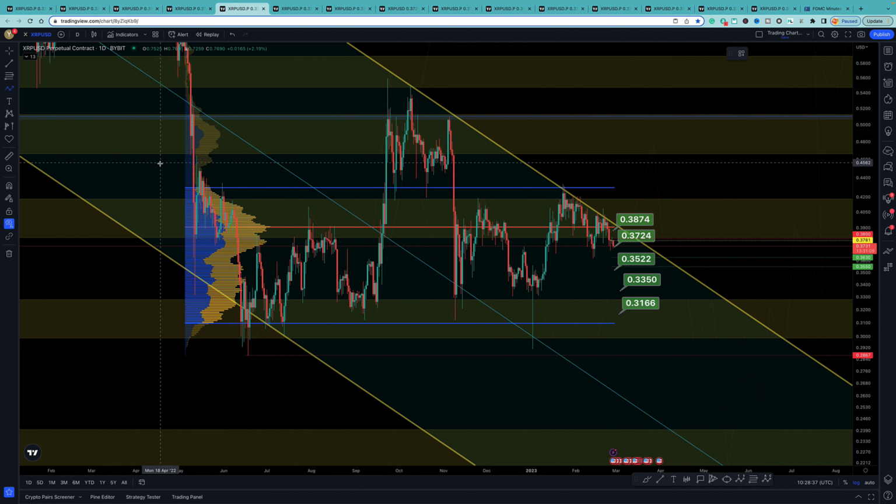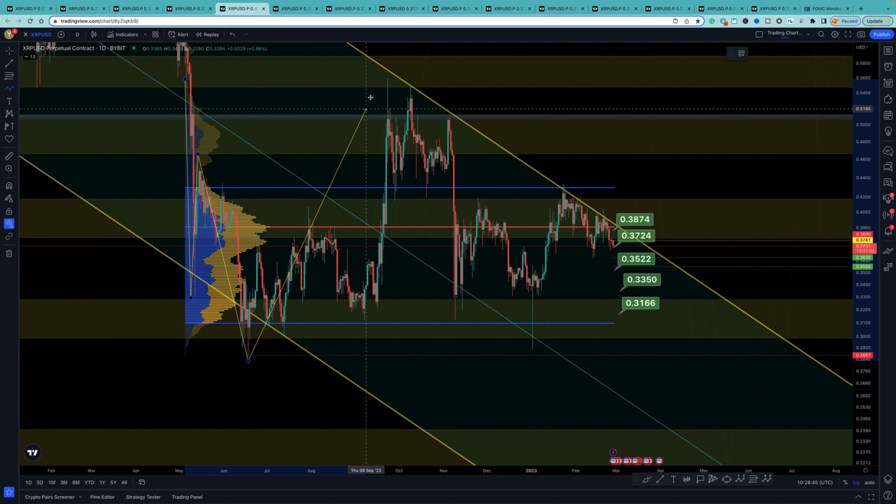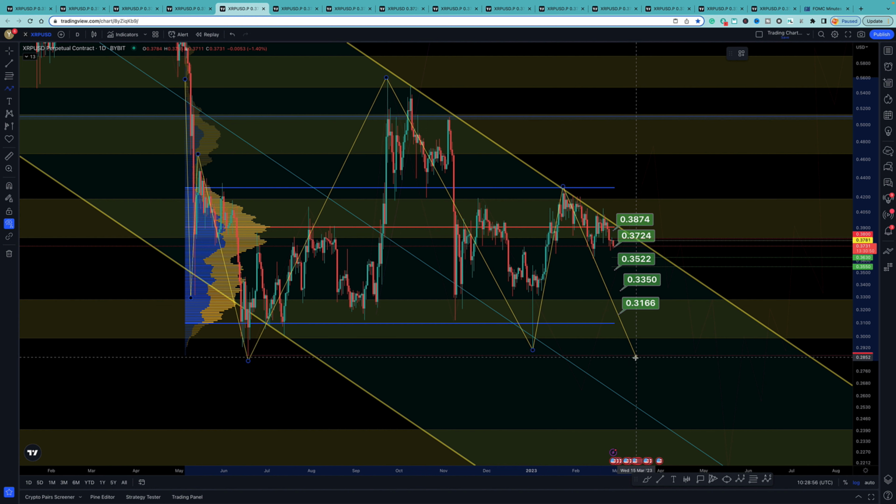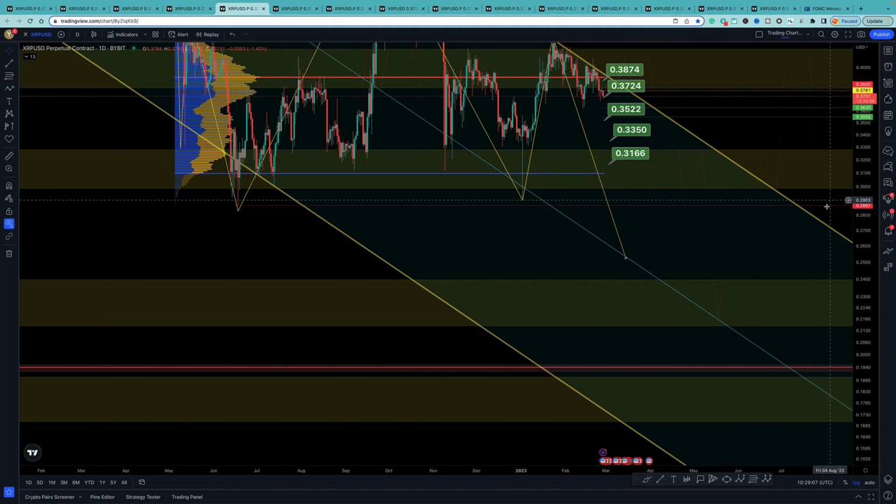On the daily, you get the drop down, price action comes back up, sets a level, there's a lower low, there's a higher high, comes down, does a low but doesn't do a lower low yet, comes back to the high volume average, and now it's on its way down again. So potentially we're looking at a lower low from the higher high here. There can be a lower low move here, potentially.